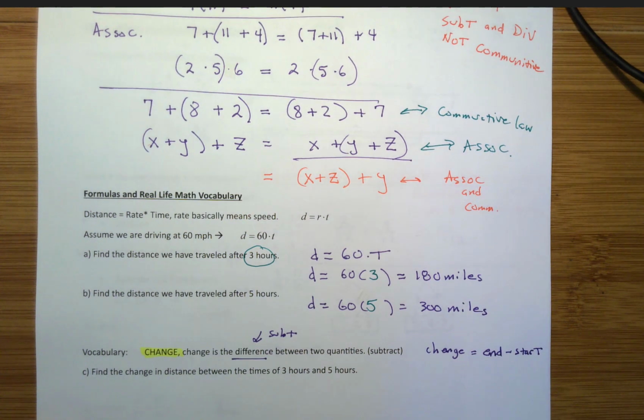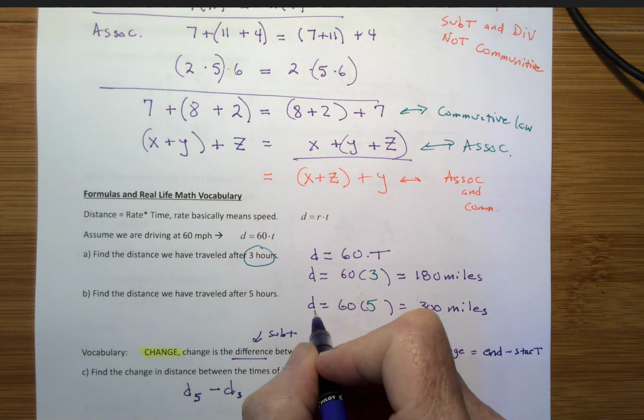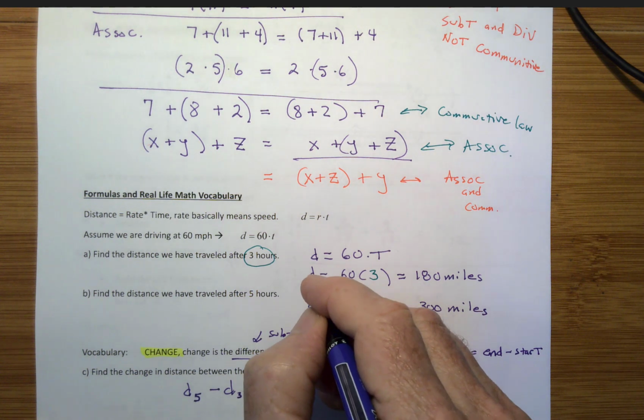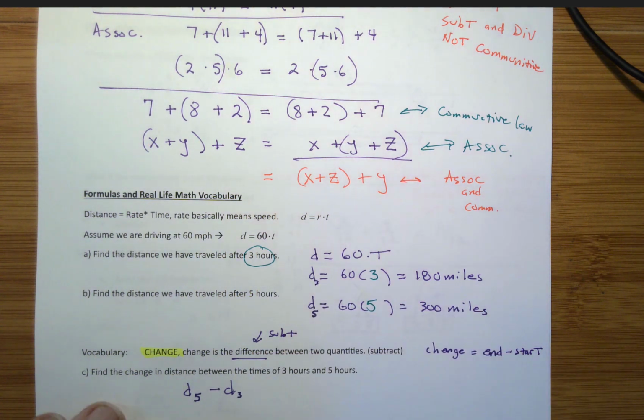So in our case, we want the distance at 5 hours. I'm using that little subscript 5 to tell me my distance at 5 hours. That's my end, minus the distance at 3 hours. Okay. So right here, this is the distance at 5 hours. That's 300 miles. And this is the distance at 3 hours. It's 180. So if I want to find the change, I would be subtracting 300 minus 180.